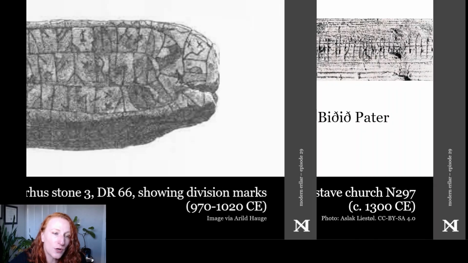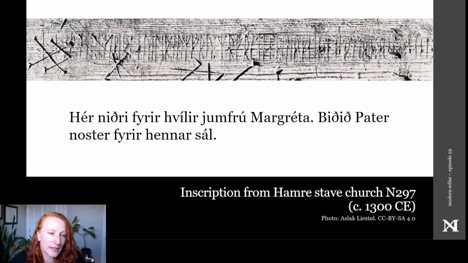But even runic inscriptions where Latin is transliterated into runes do not regularly use spacing and instead use division marks to divide their words. So the correlation between spacing out the words and Latin literacy isn't that conclusive quite yet.